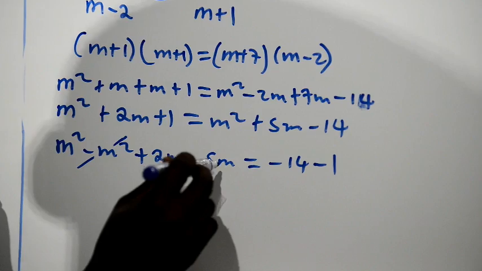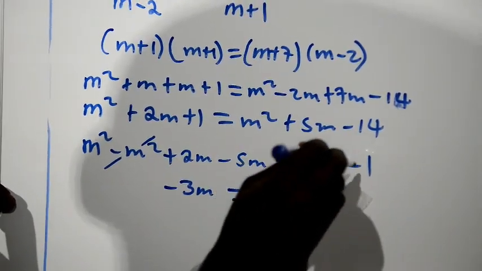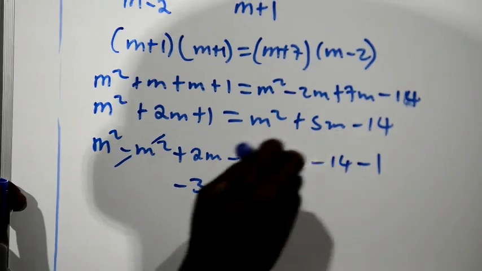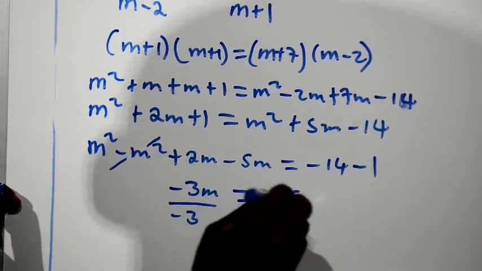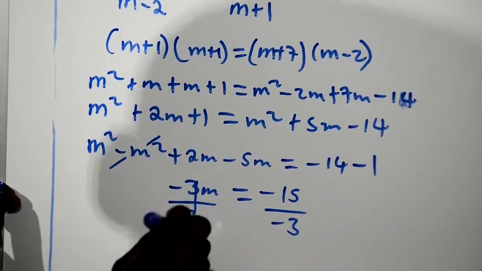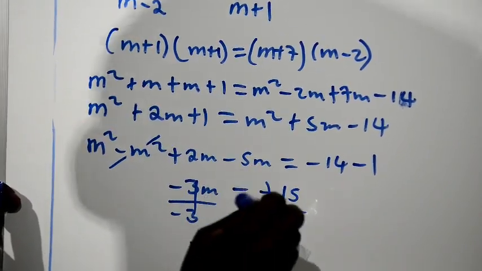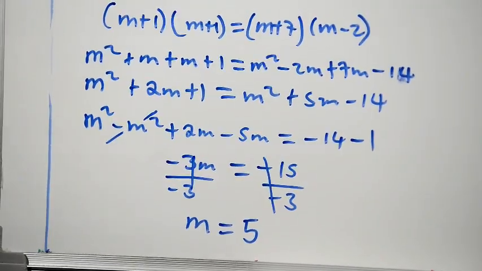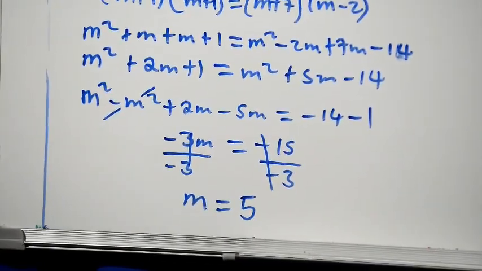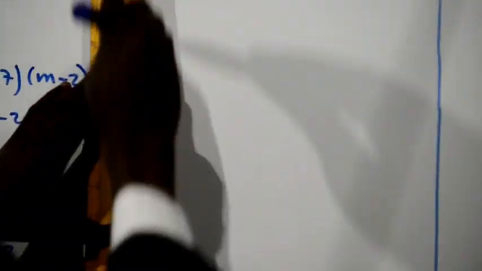Then 2m minus 5m, that will be negative 3m, is equal to negative 14 minus 1, that is negative 15. Then we divide both sides by negative 3. So m will be equal to, negative and negative will cancel, 3 into 15, 5. Therefore, the value of m is positive 5. So that is how we get the value of m.